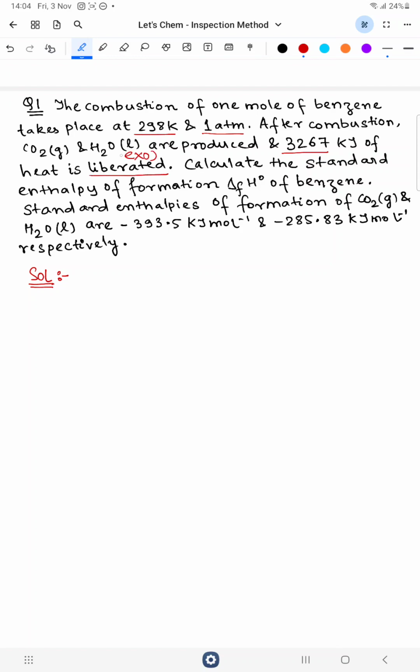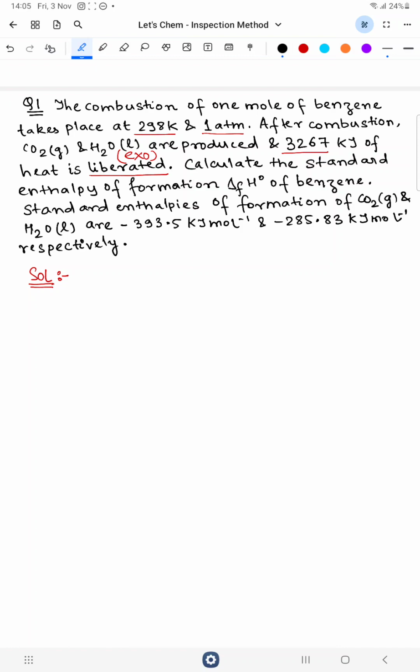So here we'll write exo. Liberated means it goes out of the system. Calculate the standard enthalpy of formation of benzene. The standard enthalpy of formation of carbon dioxide and water is given respectively. So guys, in the inspection method, the first thing is to write down the chemical reactions.